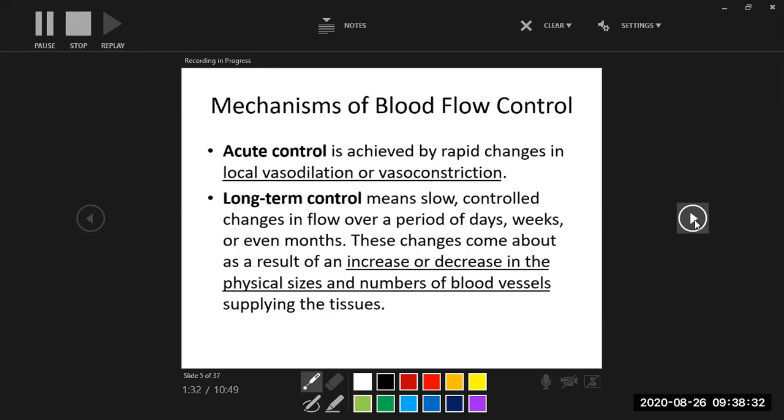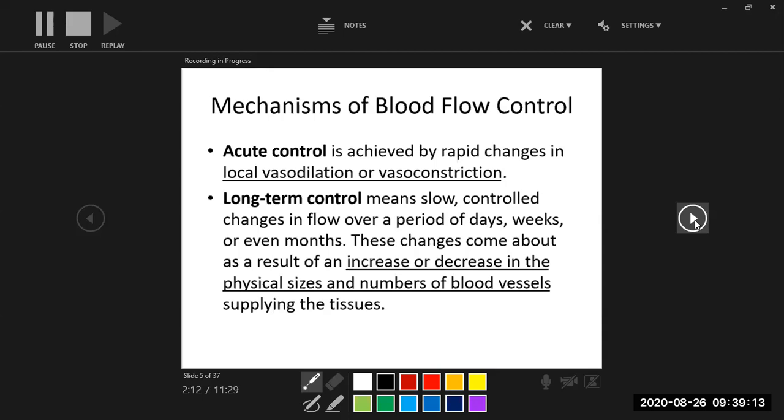The local control can also have long-term effects. If a region of the organ requires the blood supply for a long period of time, then not just the dilation as a local acute response, our body will also generate more vessels, more microcirculation to that local area. This is very typical, for example, with a tumor.